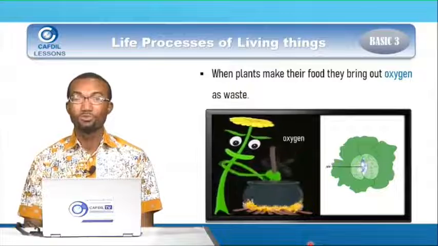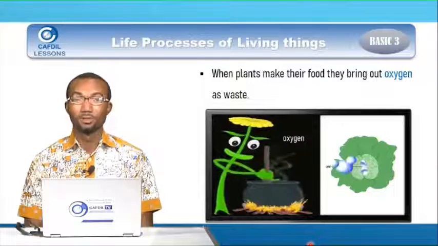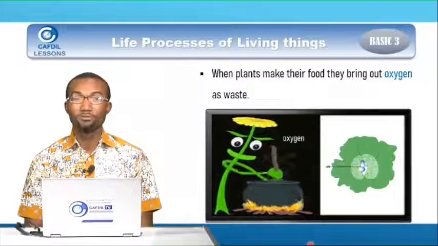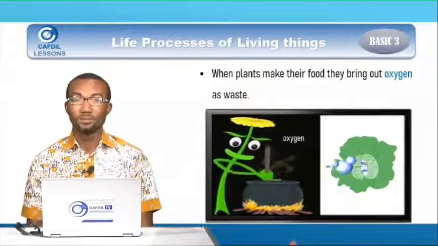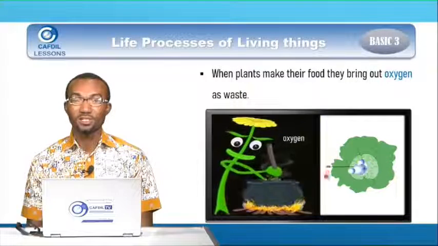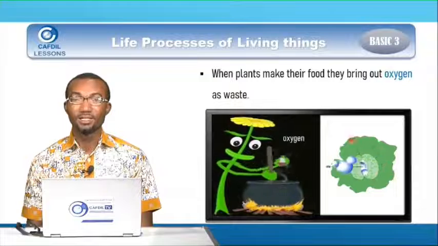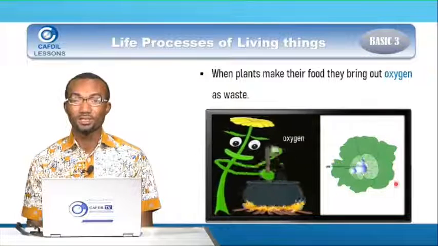Plants also remove waste from their body. How? When plants make their food, they bring out oxygen as waste. And as I told you from the beginning, oxygen is air, and the leaf is responsible for bringing out this oxygen.